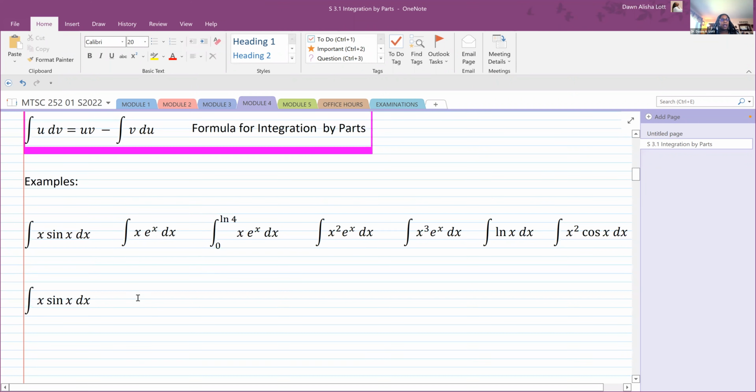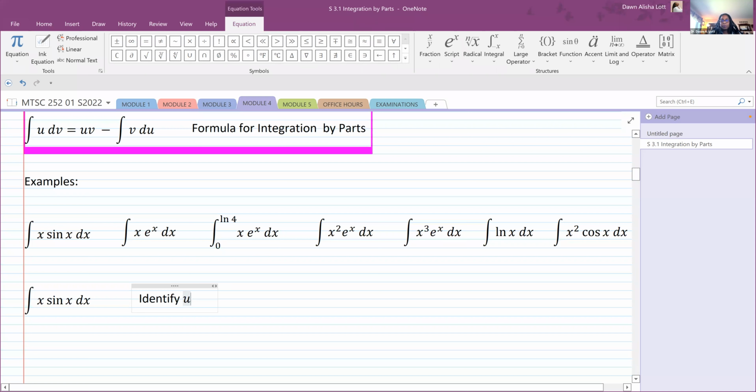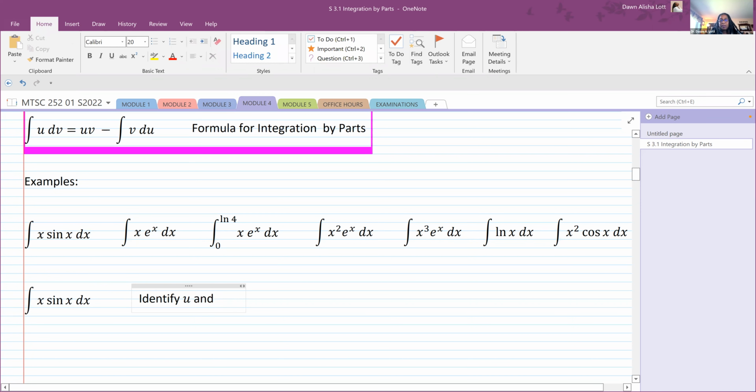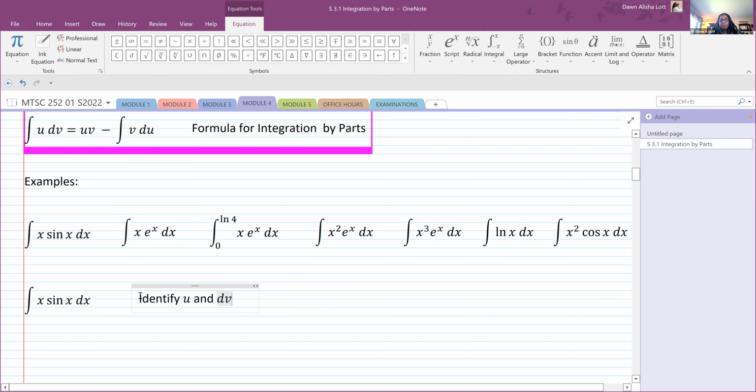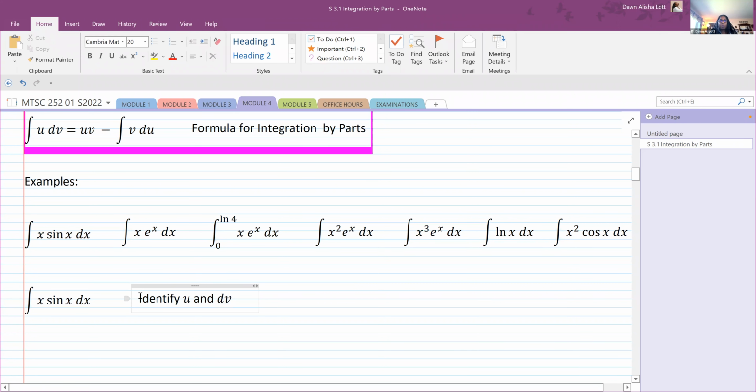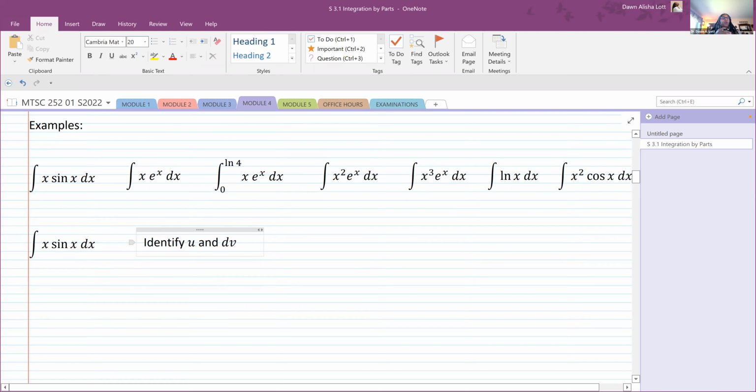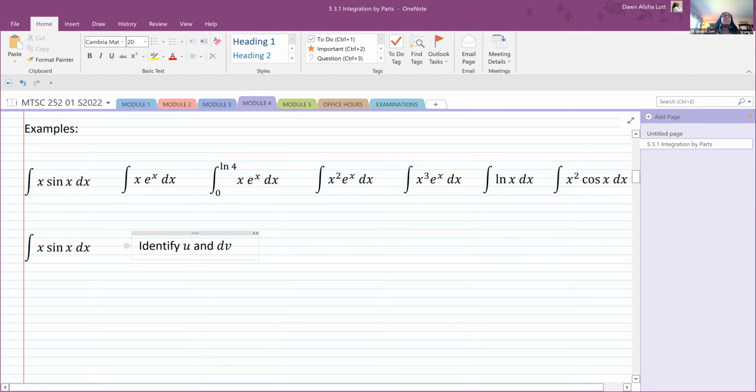So here's the problem. And what we need to do is identify u and dv. For me, I always like to make u something that gets easier when you differentiate it. And I would say for 95% of the problems that we'll do, that's what it's going to be.